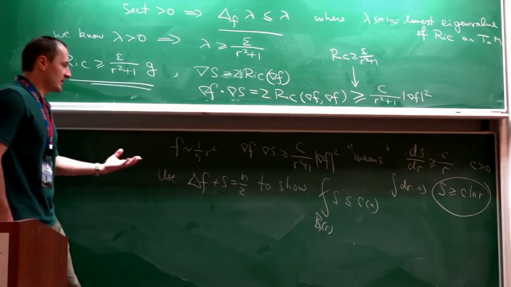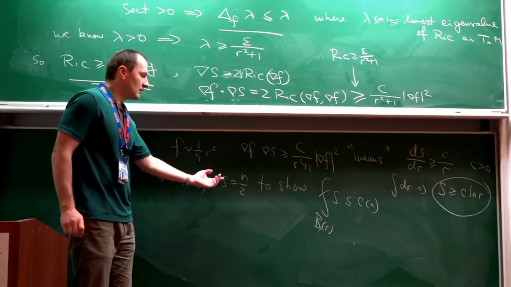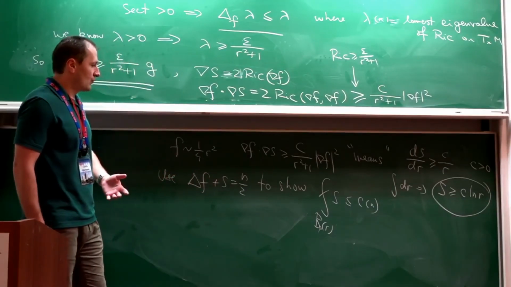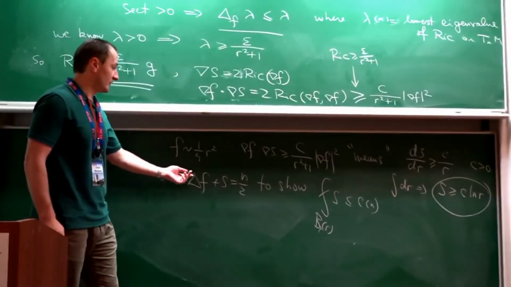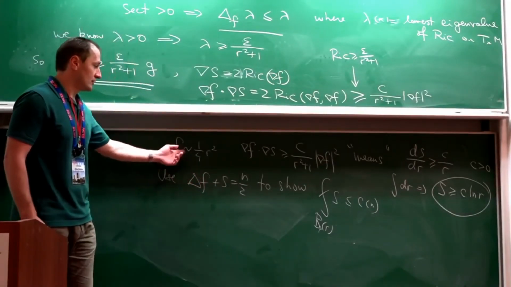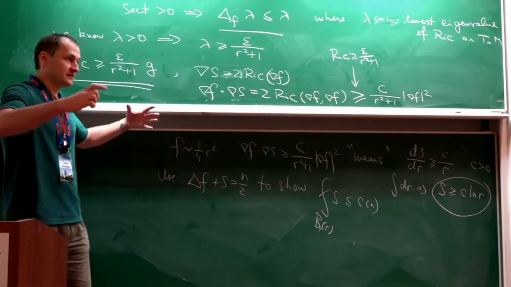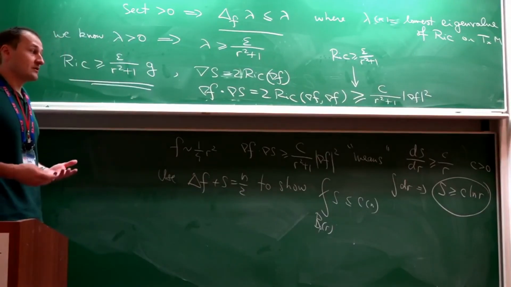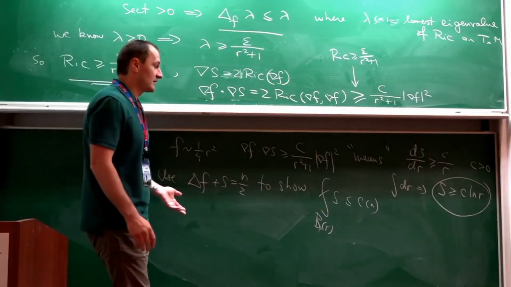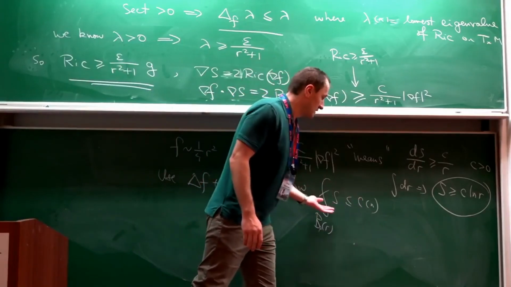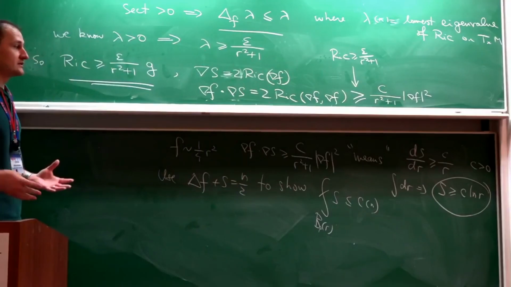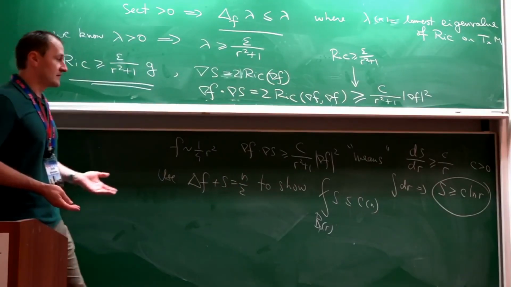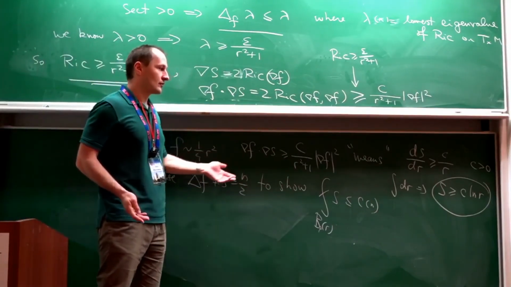So the last part is to use this equation, integrate it. Where does the Laplacian go? You expect that to be positive because f is distance squared. So when you integrate the Laplacian on a ball, you expect that to be positive, and you can prove it's positive. You get this property. So the average of scalar curvature over larger and larger balls must be bounded in terms of dimension only, so n over 2.